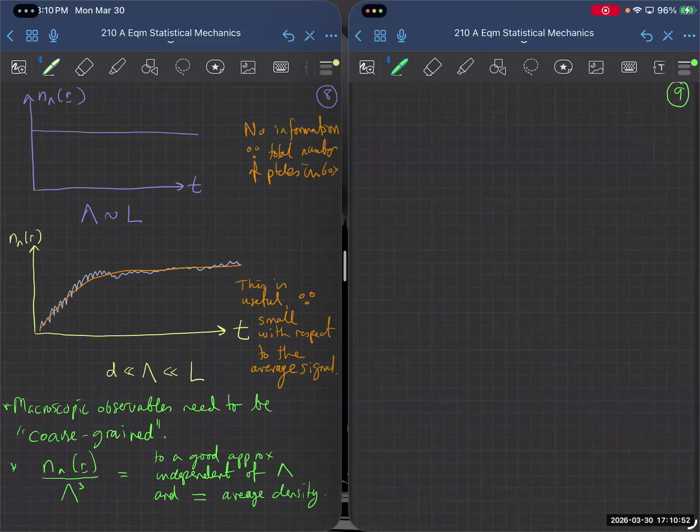So now we're going to get to the question of what's called the principle of equal a priori probability.